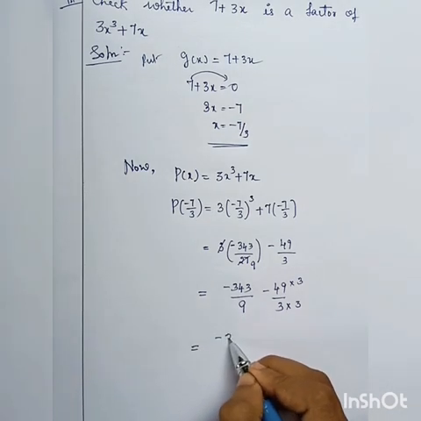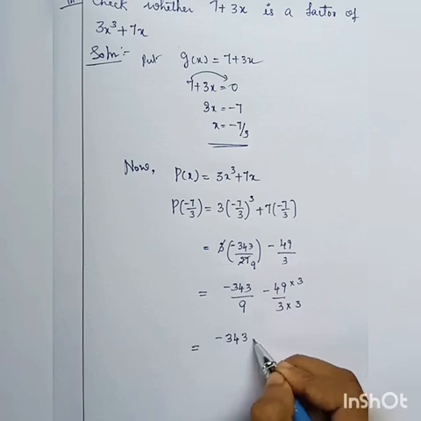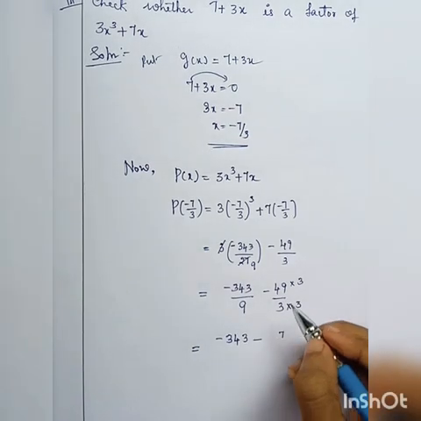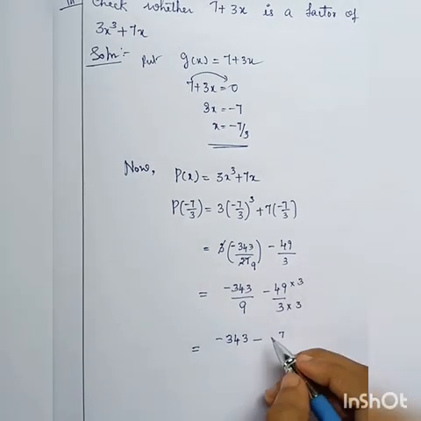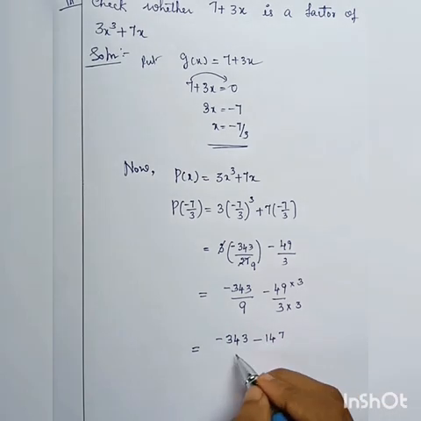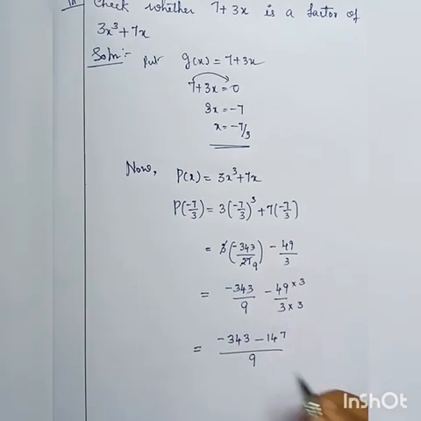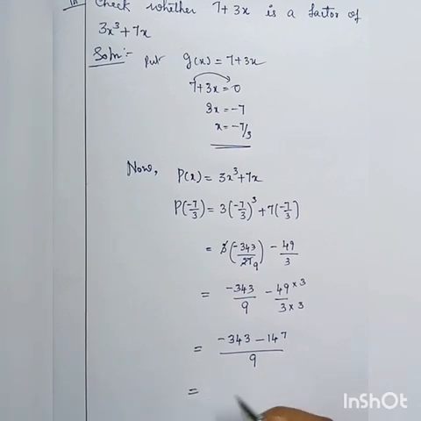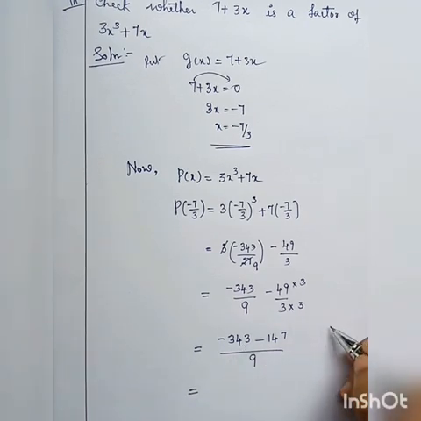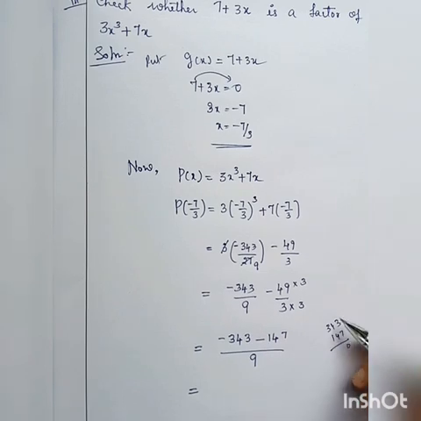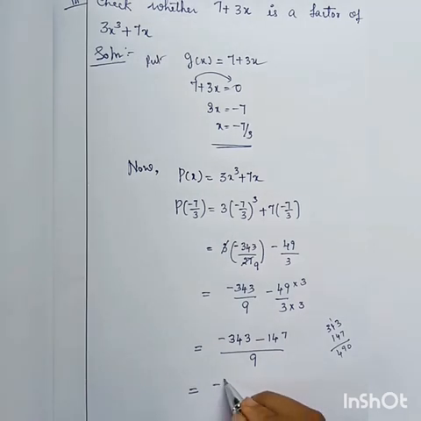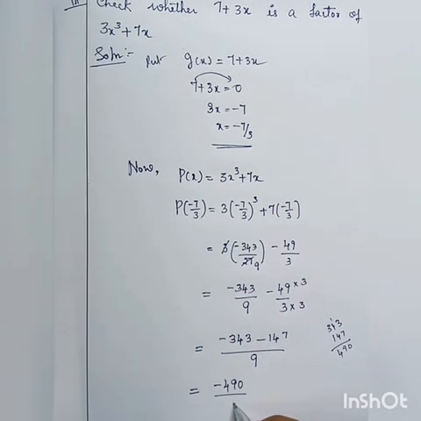What will we get here? 343 minus 49 into 3 is 147, divided by the common denominator 9. So how much? 343 plus 147 is 490, so minus 490 divided by 9.